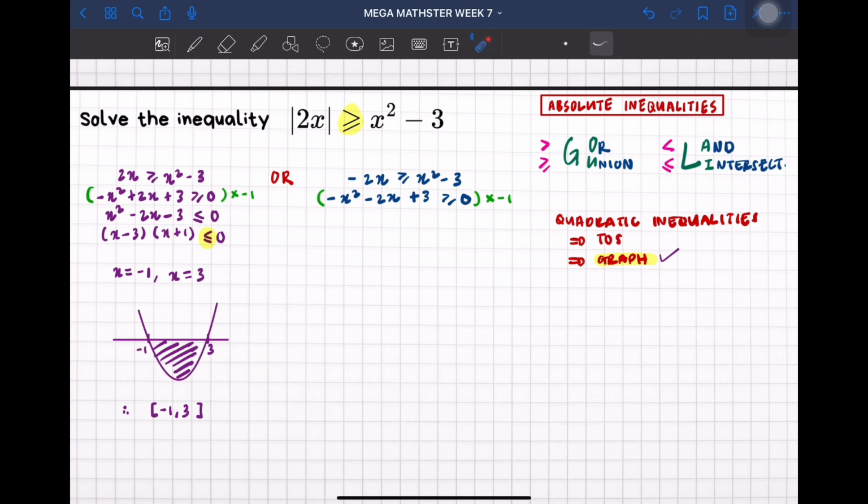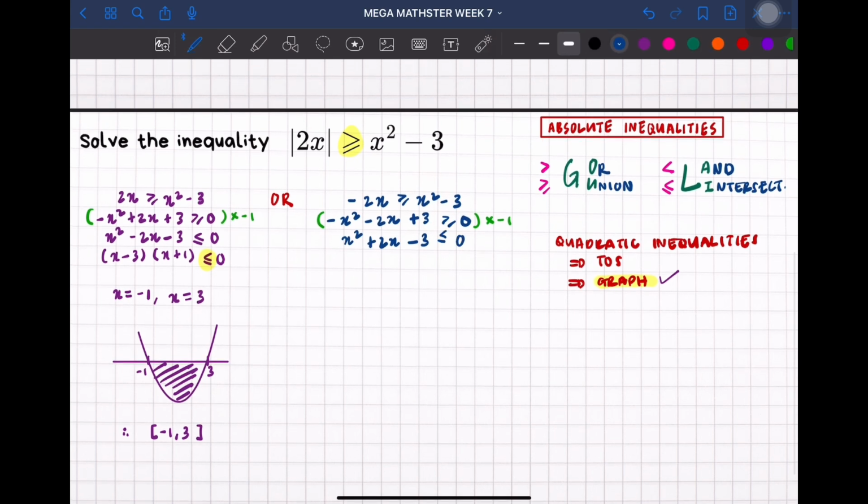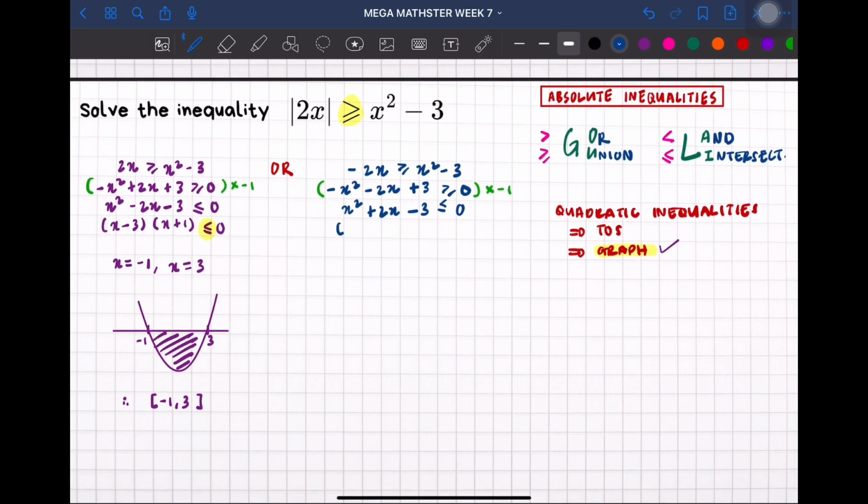Okay, the same goes for the second case. You need to multiply with negative 1, so it becomes x squared plus 2x minus 3. We also need to change the sign from greater or equal to less than or equal to 0. We're going to have two values of x. The first one is x equal to negative 3, another one is x equal to 1.